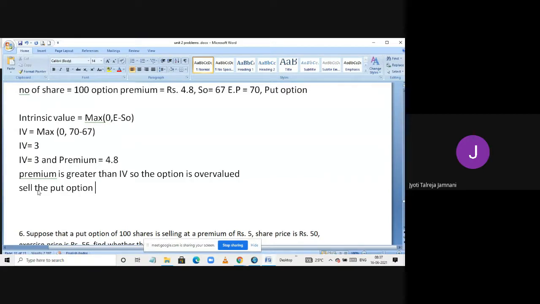So if you sell the put option, you receive premium, and premium is 4.8 rupees into 100 shares. So you receive 480.